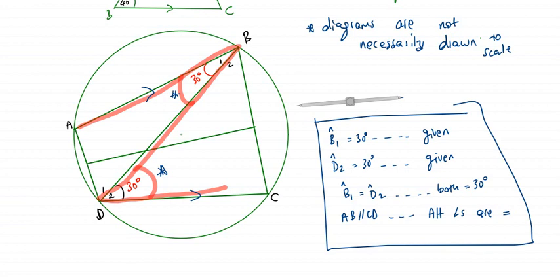Why am I saying that? Because both of them are equal to 30 degrees. And because both are equal to 30, it then says to me that the alternating angles are equal. So therefore I will conclude to say that the lines should be parallel, because alternating angles are only equal if the lines are parallel.